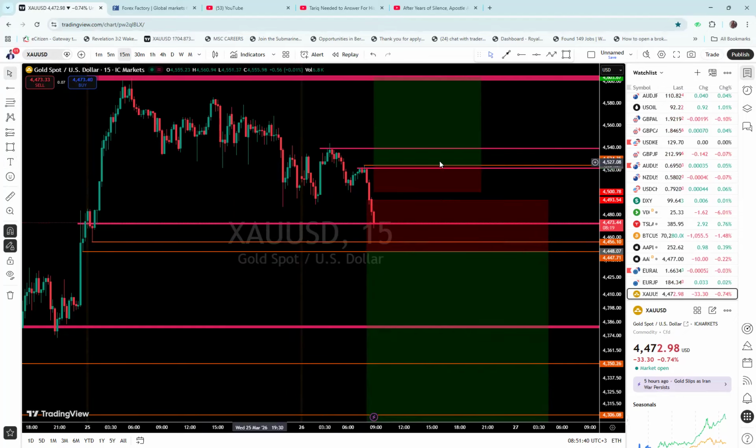So we have possible buys above this point, and we have possible sells below here.